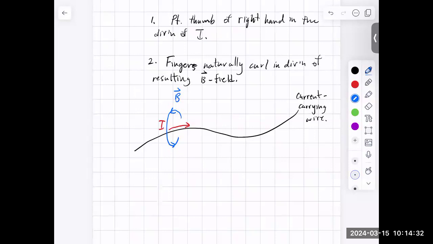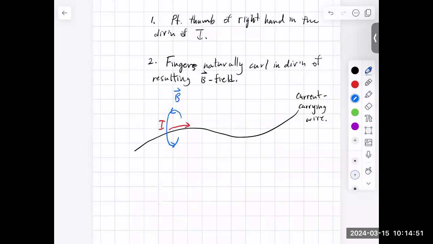And so what we're going to be dedicated to over the next few classes is, one, given a current, can we figure out mathematically what the strength of that magnetic field is and what its direction is? And so we've talked a bit about the direction already.